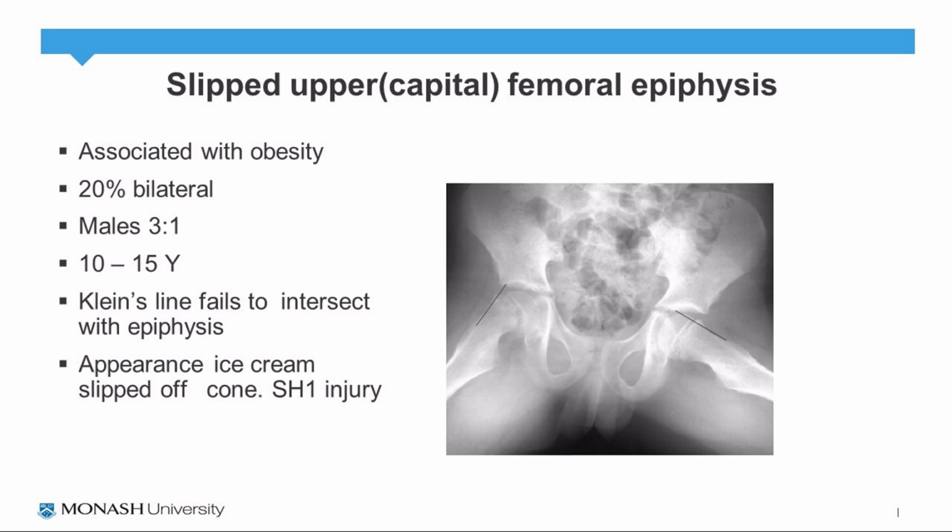So if we look at this X-ray, Klein's line is drawn along the superior border of the femoral neck, and it needs to intersect with the epiphysis. However, on the image on the right, we can see that it misses the epiphysis, and it has this appearance of an ice cream cone that has slipped off, and this is typical of a Salter-Harris type 1 injury.